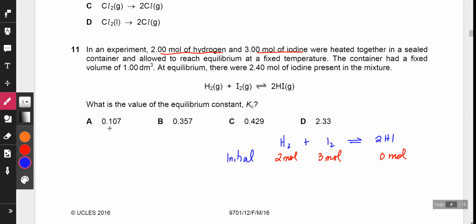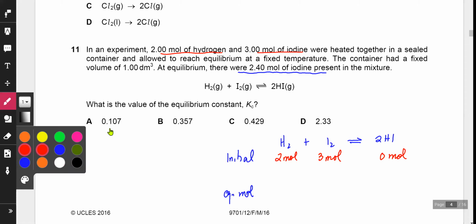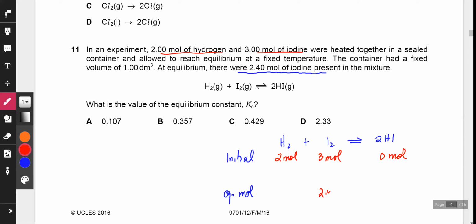Then equilibrium moles. You're basically looking for equilibrium moles, and they've given us that at equilibrium there were 2.4 moles of iodine. So at equilibrium you had 2.4 moles of iodine, and you need to figure out the moles of all the other substances at equilibrium.